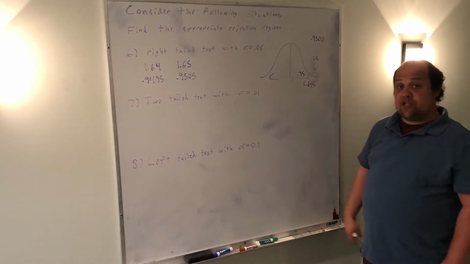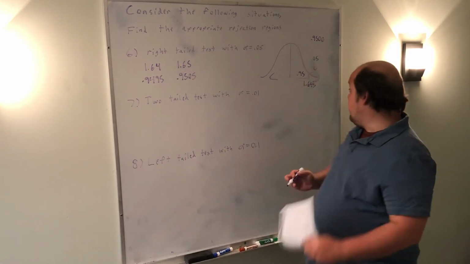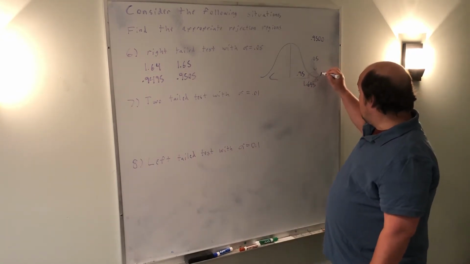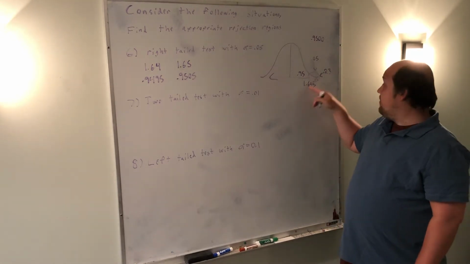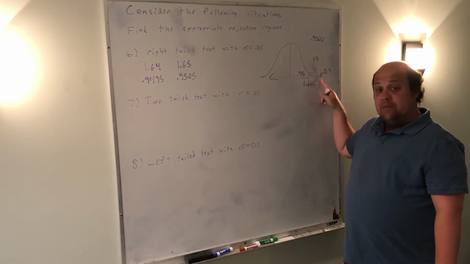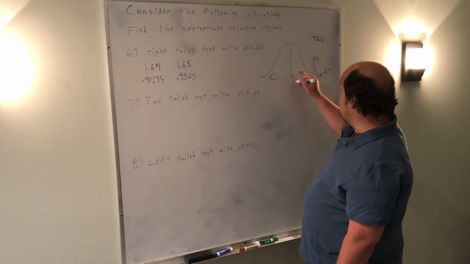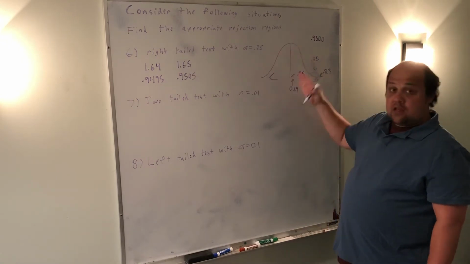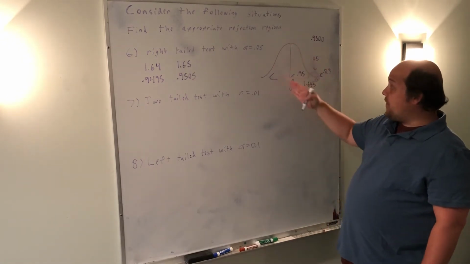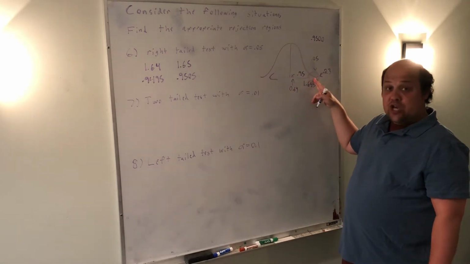That starts my region of rejection, meaning if they tell me the test statistic is something like 2.3, 2.3 would be here, beyond my 1.645, in the region of rejection, would lead me to conclude reject the null. If instead my test statistic was something like 0.64, that's here in the region where I would fail to reject, as opposed to beyond my threshold in the region where I would reject the null.